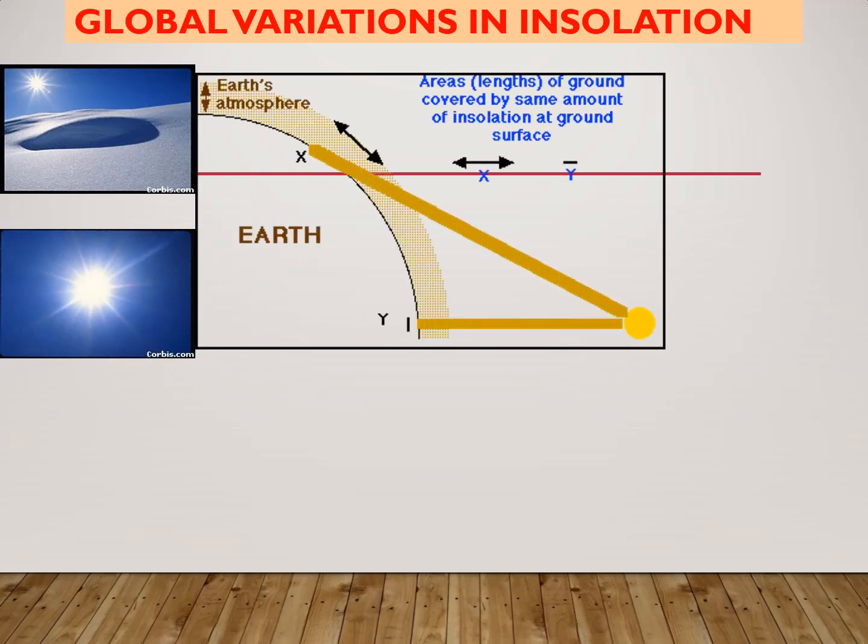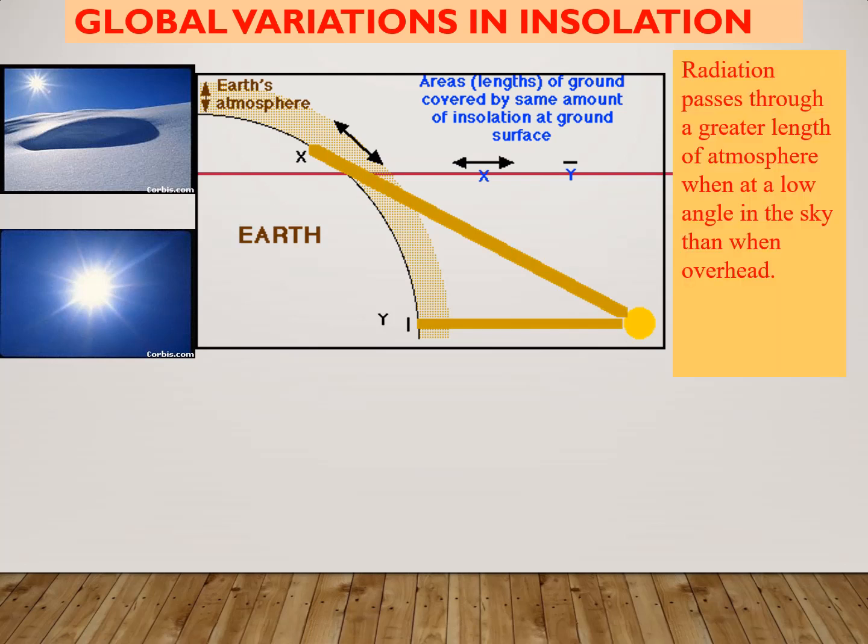This is what happens. Earth is a spherical planet, so the incoming solar radiation falls vertically on places near the equator and falls at an angle as we move towards the poles.